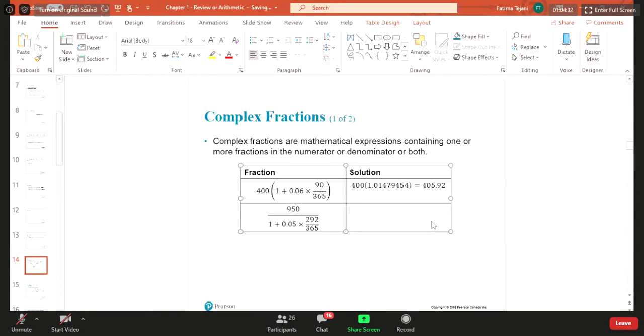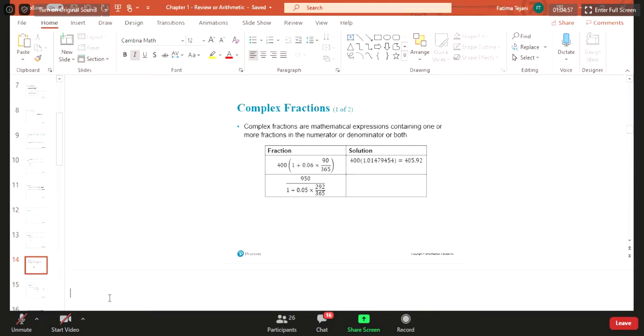The numerator is just a whole number and needs no calculation, so we work on the denominator. The very first thing we calculate is the fraction, times 0.05, plus 1, and then divide 950 by whatever amount you get.